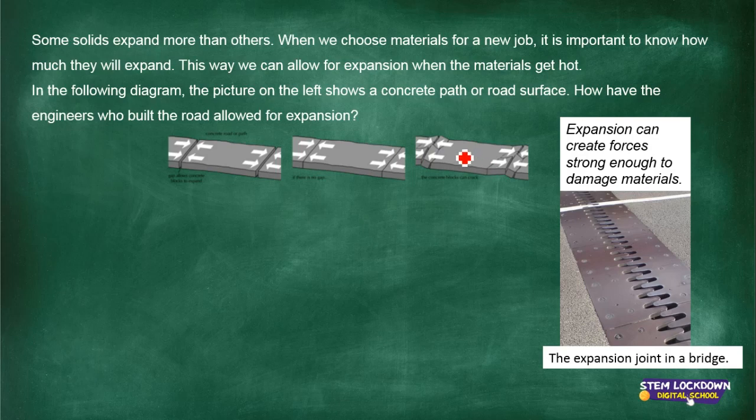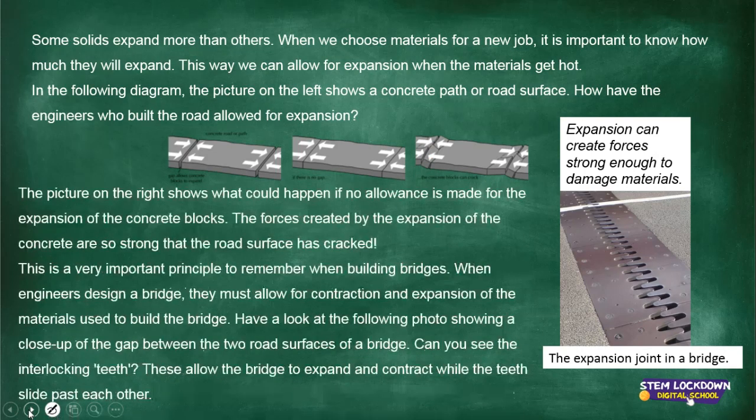But if they don't choose the right materials and don't allow the correct amount of expansion and contraction, what's going to happen? If you look at the picture at the top, you can see that it's going to crack the concrete or the cement. I'm sure you have noticed, when your parents were driving, that some of the concrete or tar roads have cracked.